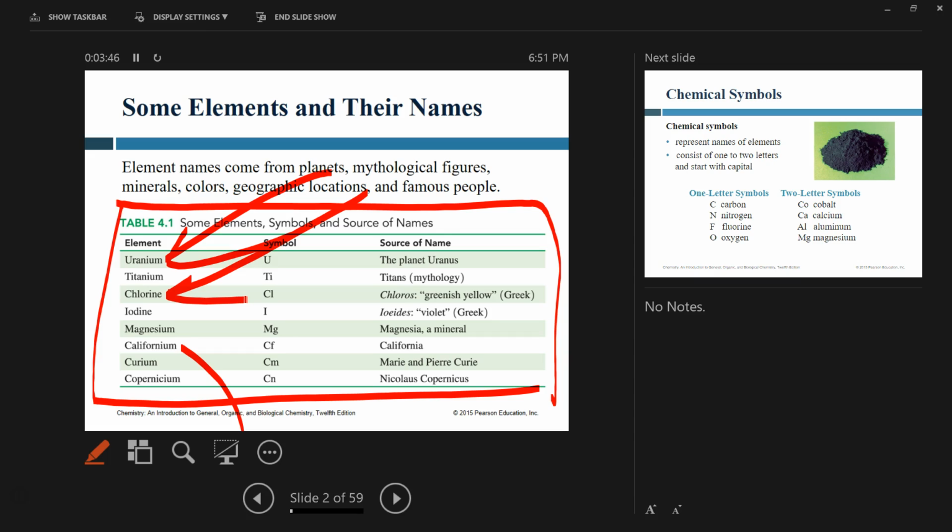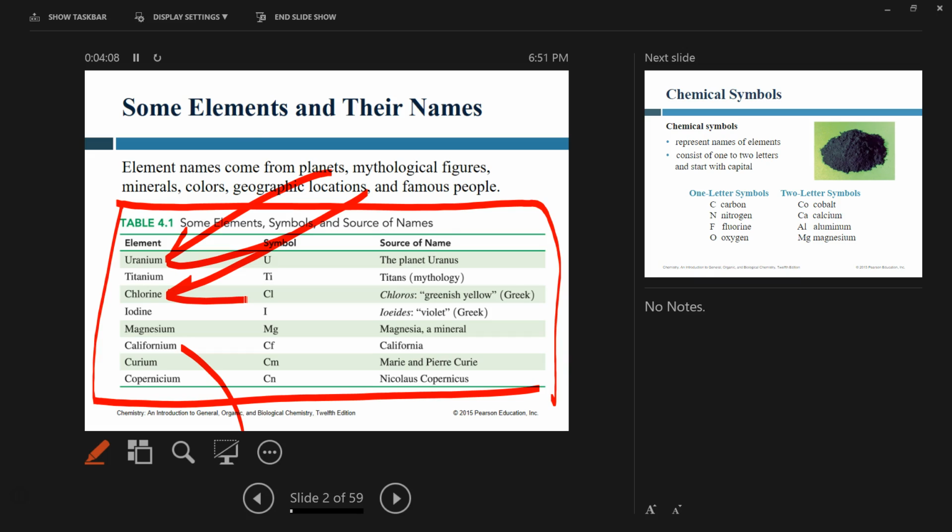So names come in all tastes, and there is no logical way to know why a certain element is given a certain name. Does that make sense? What you can sort of make associations about are symbols and names.